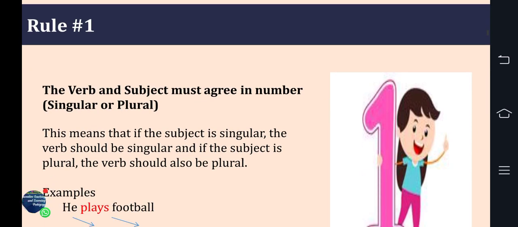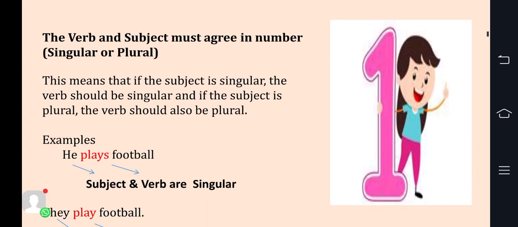Rule number 1. The verb and subject must agree in number, that is singular or plural. This means that if the subject is singular, the verb should be singular, and if the subject is plural, the verb should also be plural.